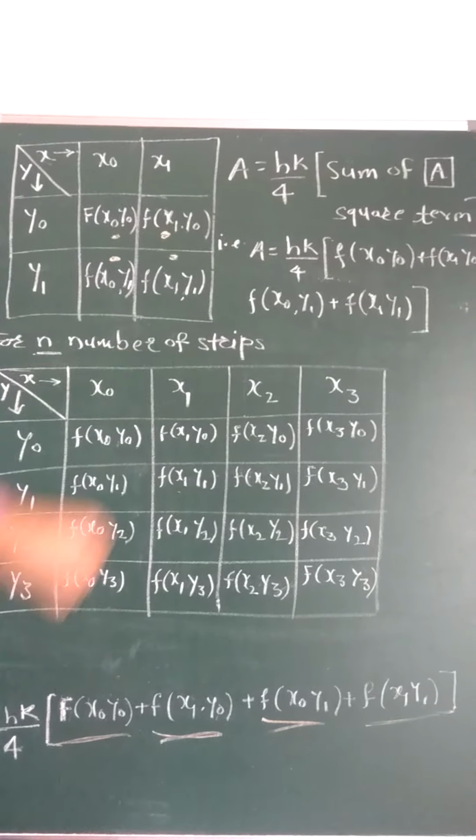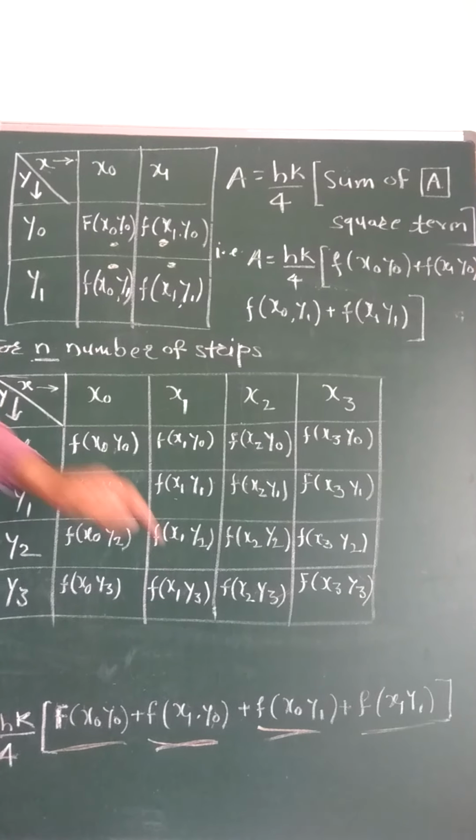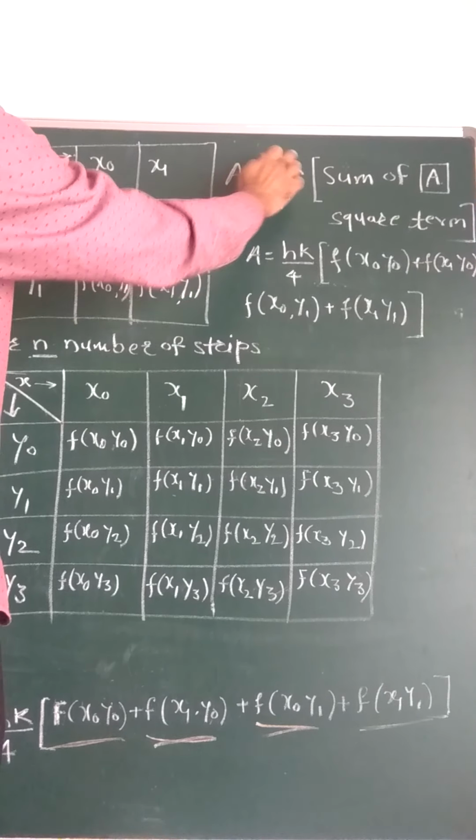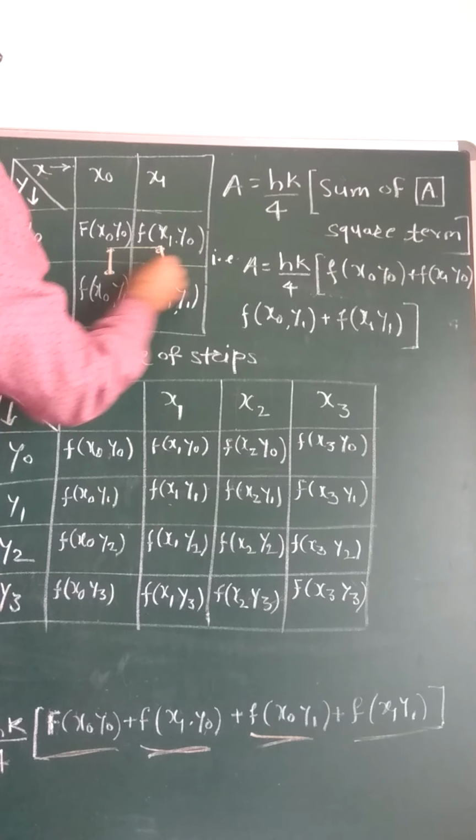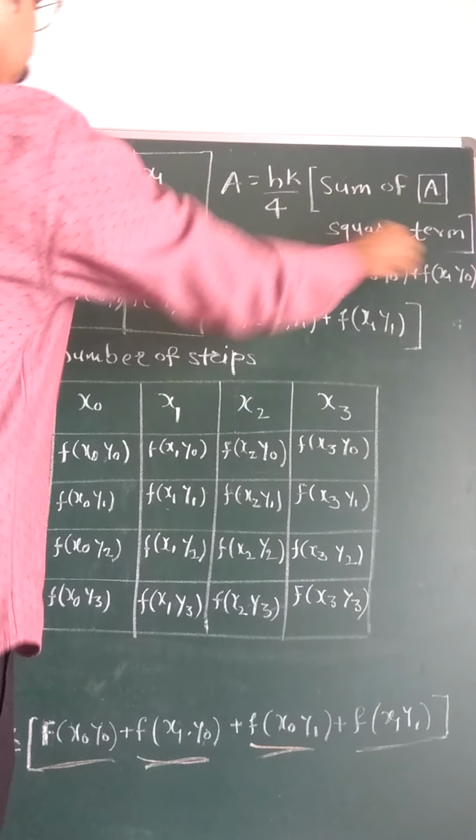Therefore, from the figure, we can say that area A is equal to hk by 4 into the sum of square terms, A square terms.